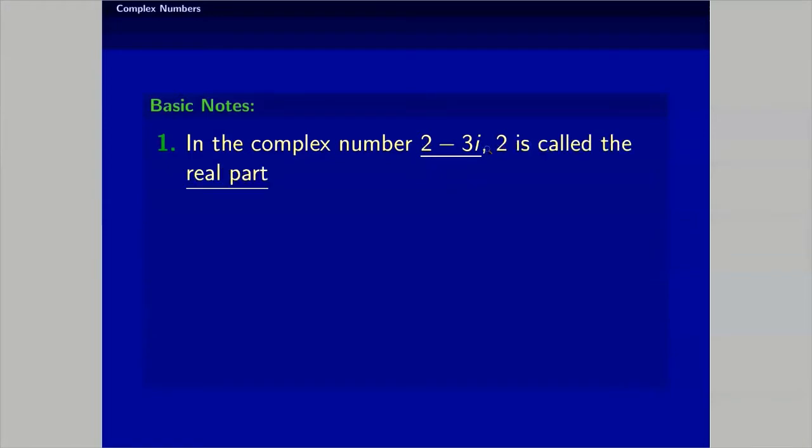While the coefficient of i, what is the coefficient of i? -3. You call this number the imaginary part of the given complex number. So please take note, yung coefficient lamang ang imaginary part, which is the -3. Hindi kasama yung i. Alright?